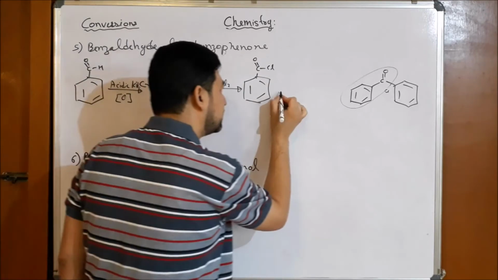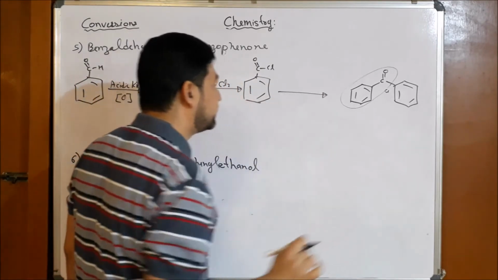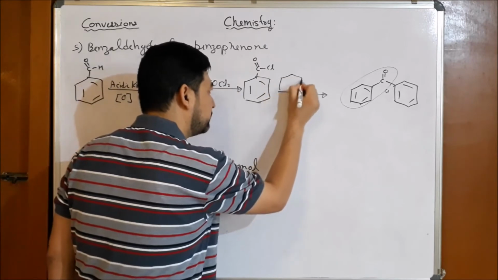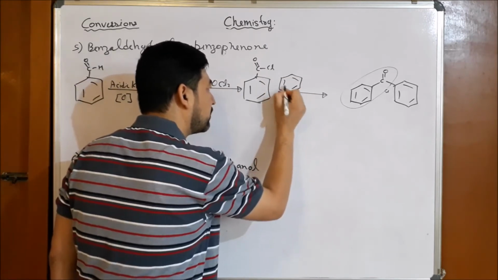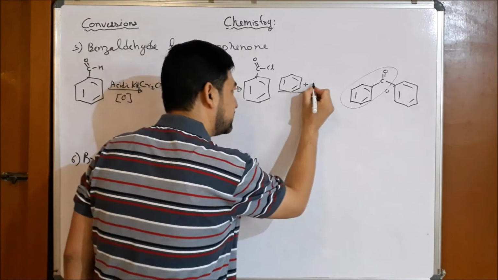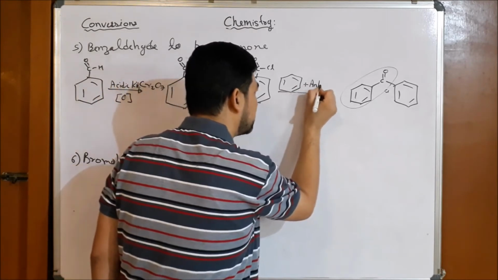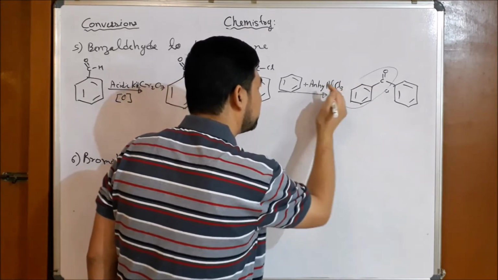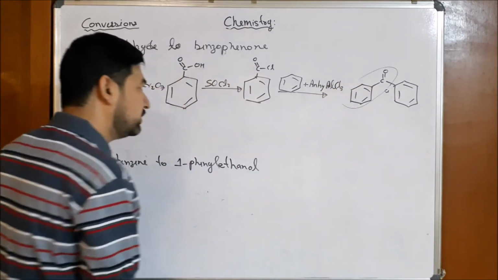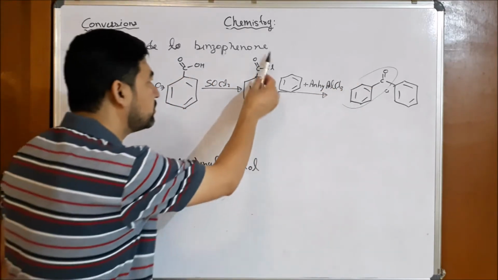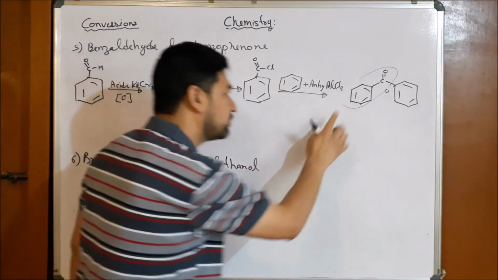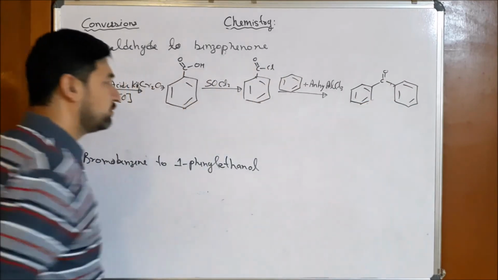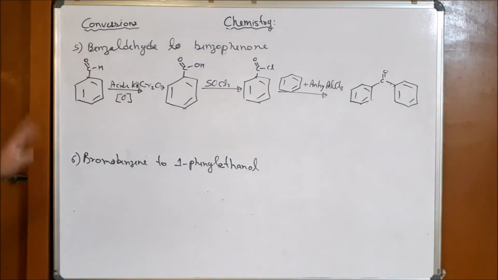Then, as I said, you have to do the Friedel-Crafts reaction. So add one more benzene, plus the reagent anhydrous AlCl3. If you do it, then this group will attach here, and you are supposed to get the required product. You have to think like this, and you have to perform the conversion.